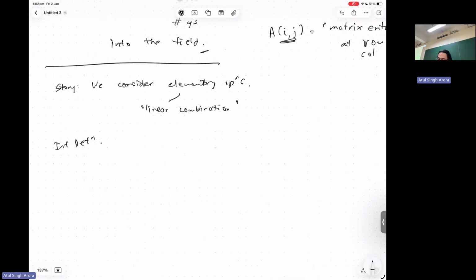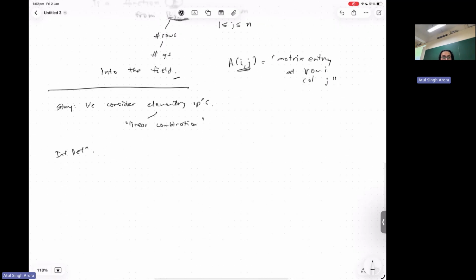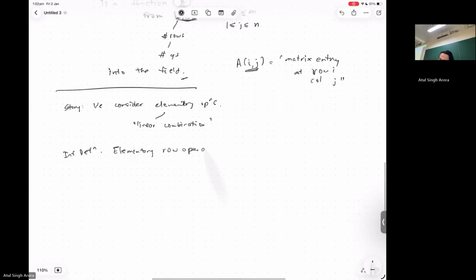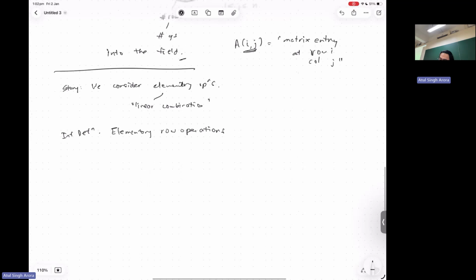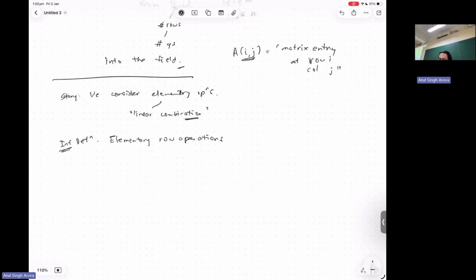Let's keep at it. So in the last 3 minutes, let's quickly look at this informal definition of elementary row operations. Okay, so what is an elementary row operation? Informally, intuitively, what we're doing is building towards the set of operations that essentially capture everything we want from linear combinations.